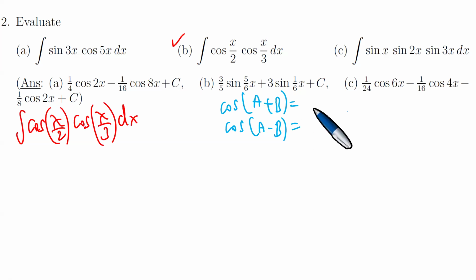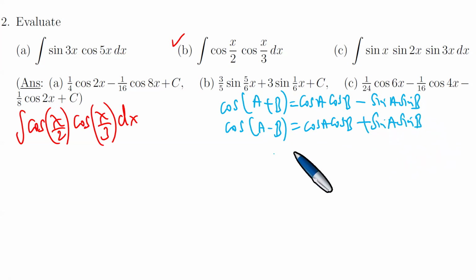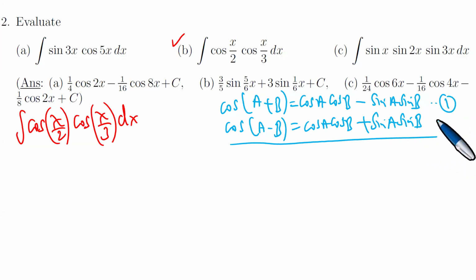So now you need to add the two formulas. So you do here cosine A cosine B minus sine A sine B. And then here you do cosine A cosine B plus sine A sine B. Okay, now you have this equation 1 and this is equation 2, and then you're going to add them up, 1 plus 2.